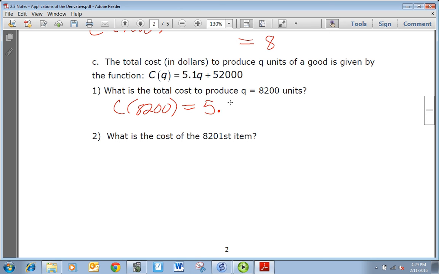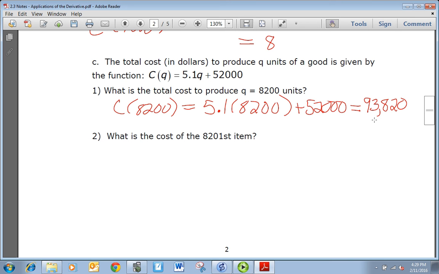So 5.1 times 8,200 plus 52,000. And if we do our arithmetic correctly there, we should get 93,820. That is going to be the cost to produce that many units.